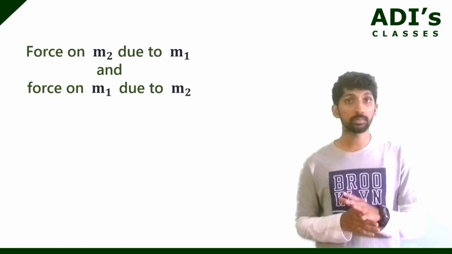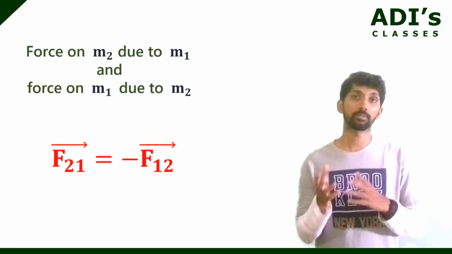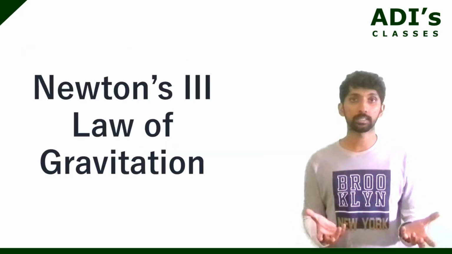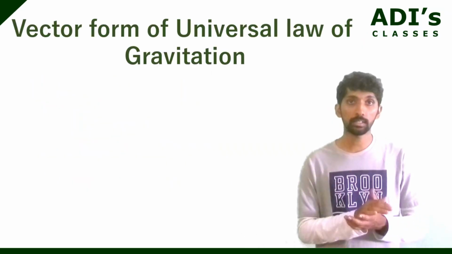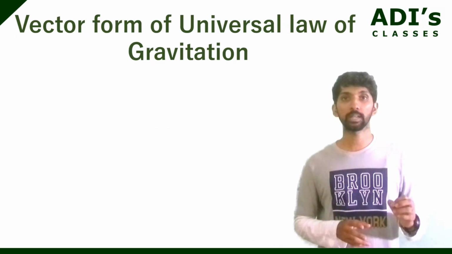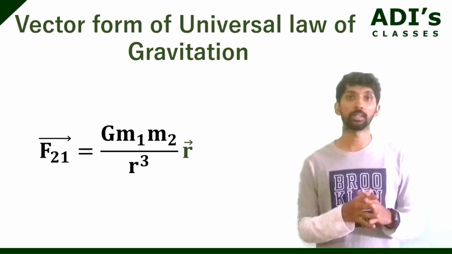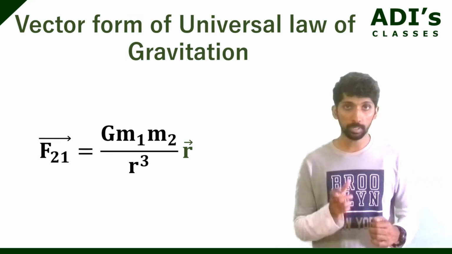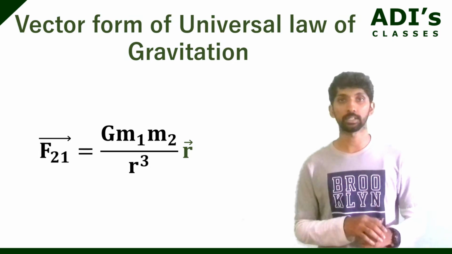So this confirms Newton's third law. That is, if there are two forces acting, the forces are equal and opposite. Between two masses m1 and m2, we have force acting along the center, which is F equal to G m1 m2 by r square. Whenever we write the vector form, force on m2 due to m1 and force on m1 due to m2, magnitude-wise they are the same, but we get a negative sign because they are in opposite directions.